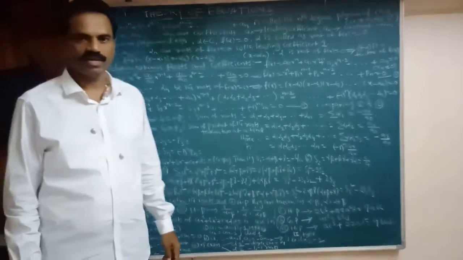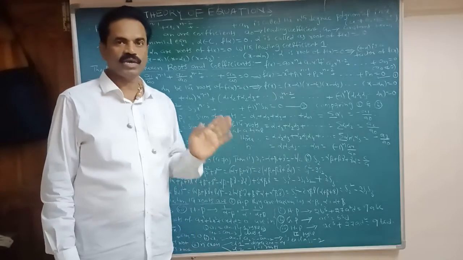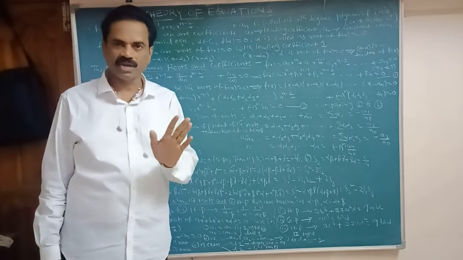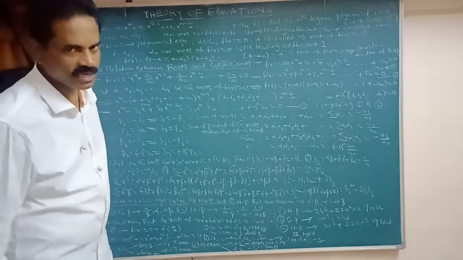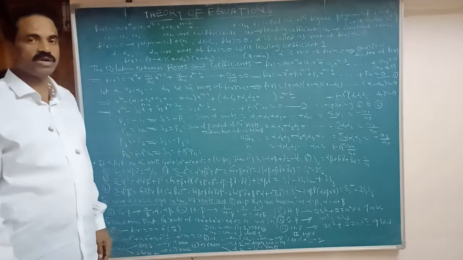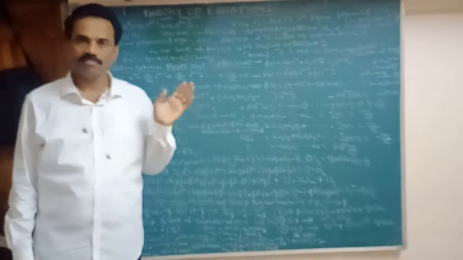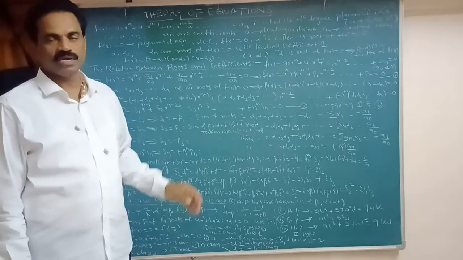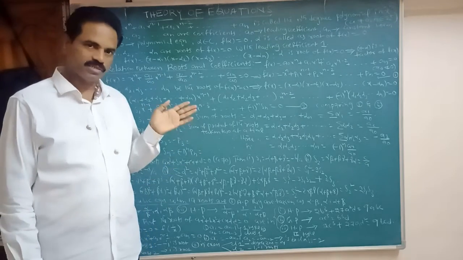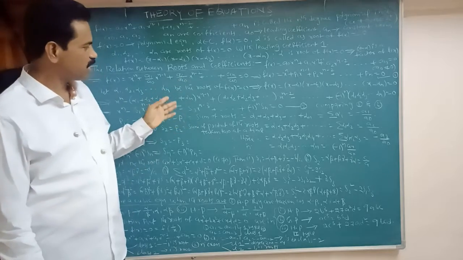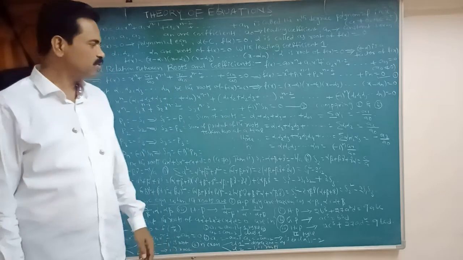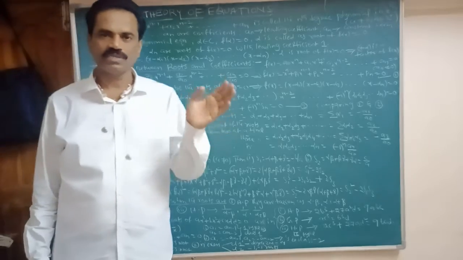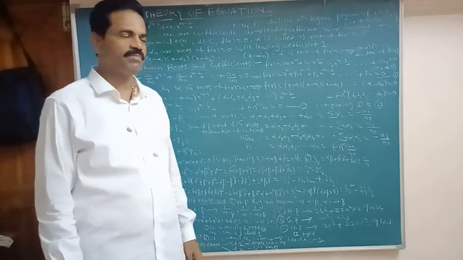Then f of x is what here? (x minus alpha 1)(x minus alpha 2)(x minus alpha 3) and so on (x minus alpha n) equal 0. After multiplying, f of x equals x power n minus the sum of the roots into x power n minus 1, next plus the sum of products of roots taken 2 at a time, that is alpha 1 alpha 2 plus alpha 2 alpha 3 and so on, into x power n minus 2.